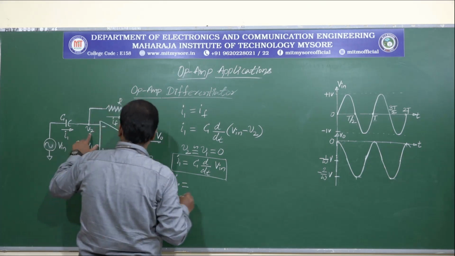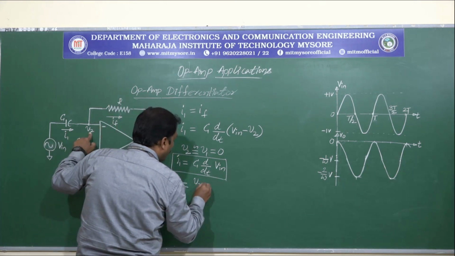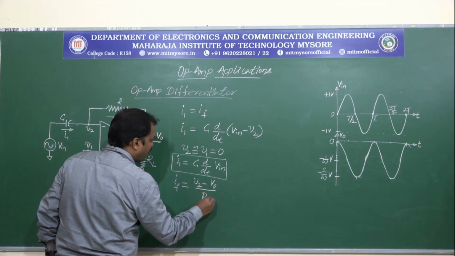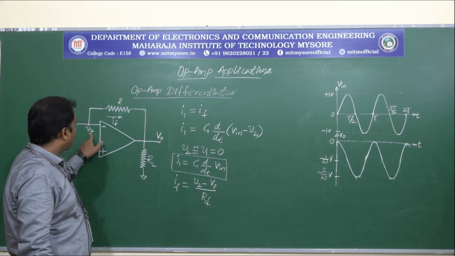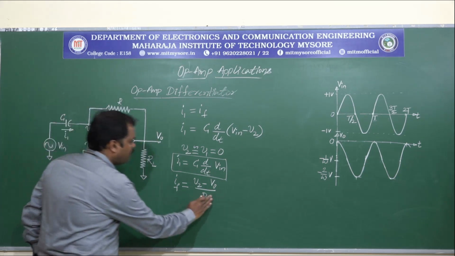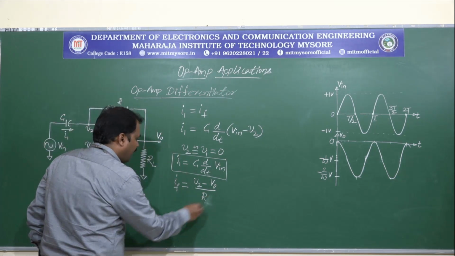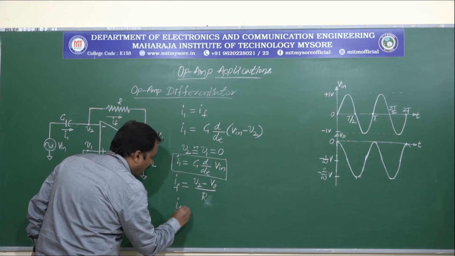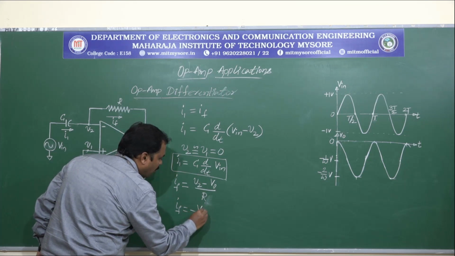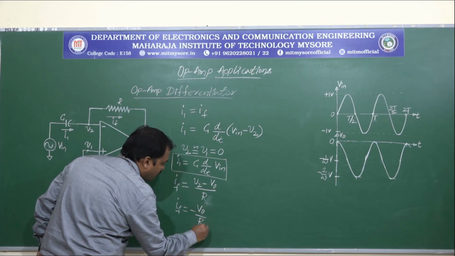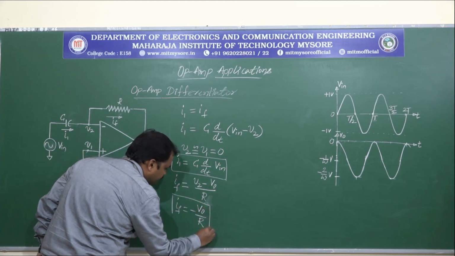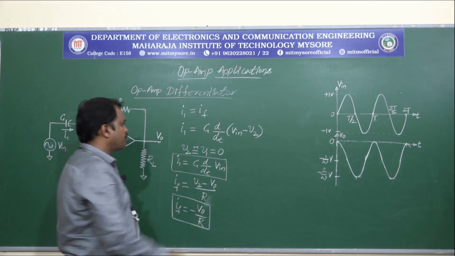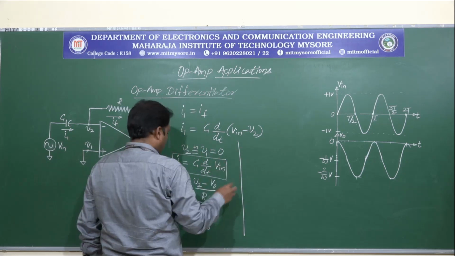So IF is given by (V2 minus V0) divided by RF. So V2 minus V0 divided by R, and V2 is equal to 0. So IF can be written as minus V0 divided by R. So let us equate these two equations.